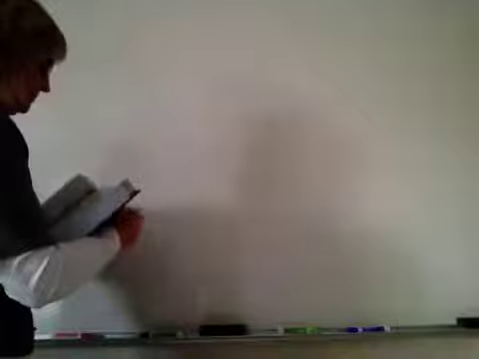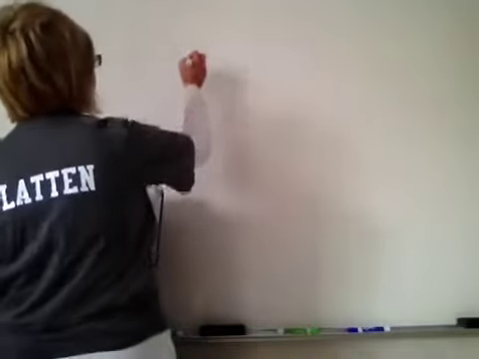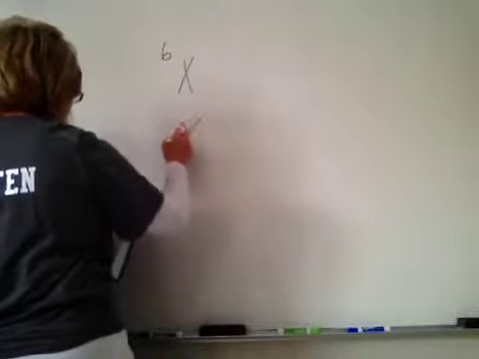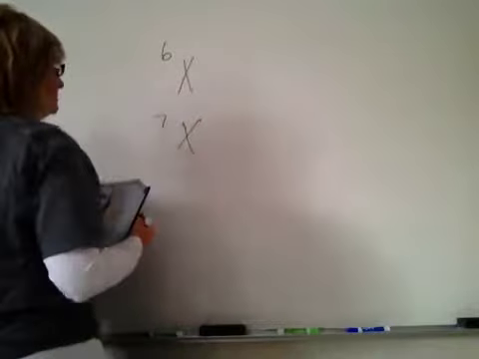So if we go to page 121 is where you have your practice problems. There, it gives me a table, and I have X6, so here's one isotope of an element, and I have X7.